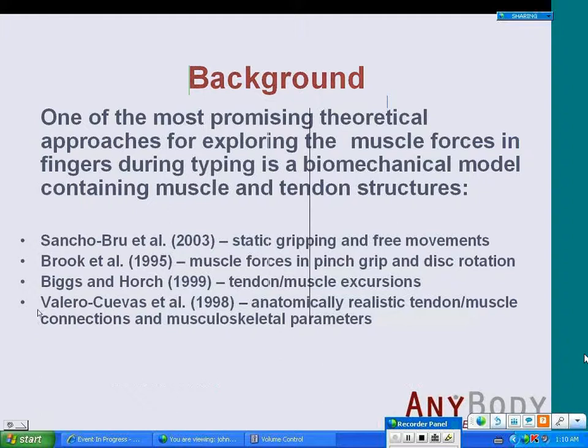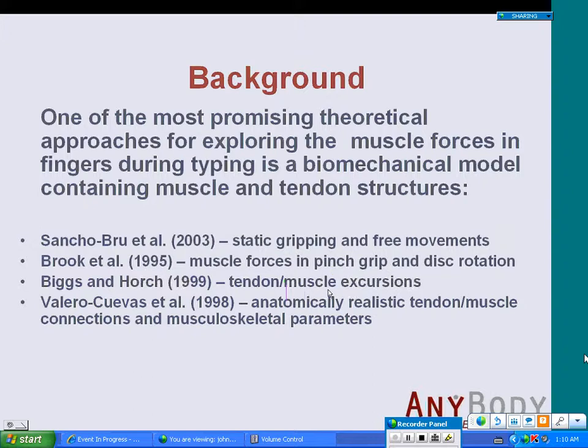For example, Sancho-Bru and his co-workers have developed a static gripping and a free movement model for the fingers. Brook developed a finger model simulating muscle force in pinch grip and distal rotation. And Biggs and Horch developed tendon muscle excursion models.